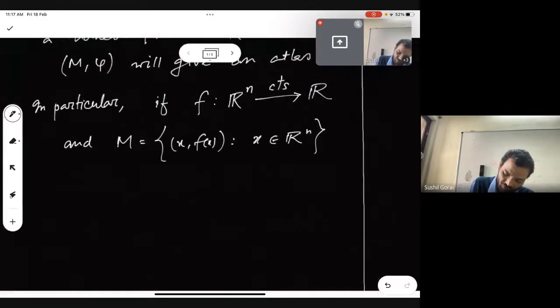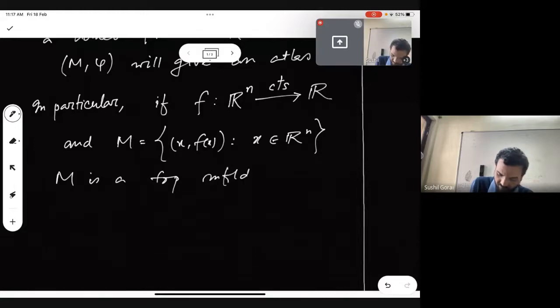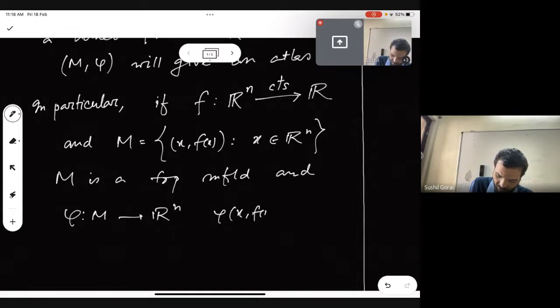So here also this M is a topological manifold, and phi from M to Rn, phi of (x, f(x)) equals x, is a homeomorphism.